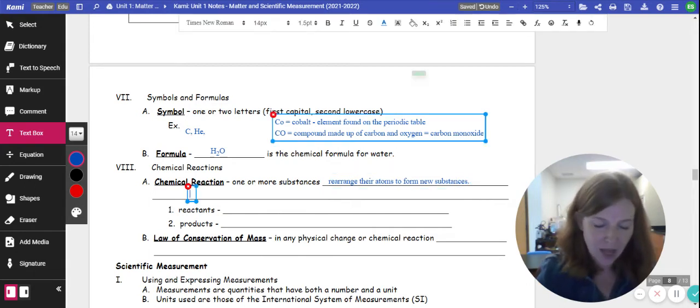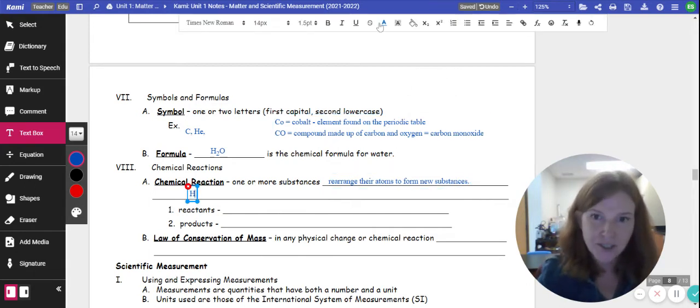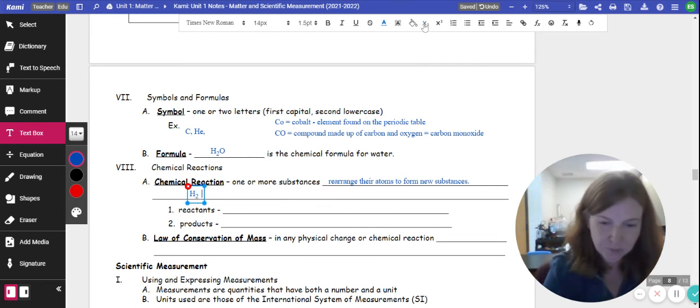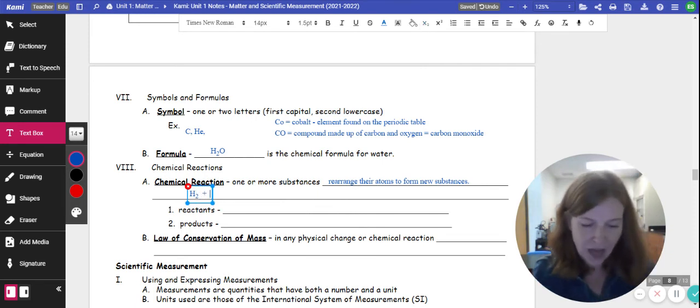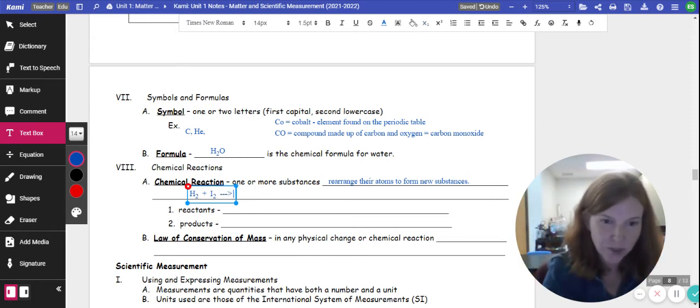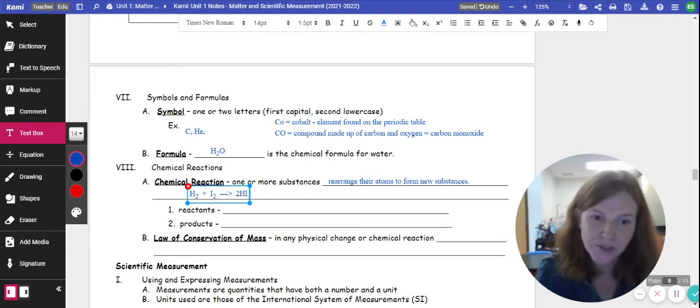So for example, I might have hydrogen gas, which is H2, combining with iodine gas, which is I2, react to form, and then we get 2 molecules of HI, hydrogen iodide, okay?